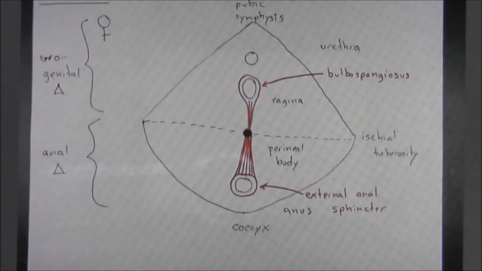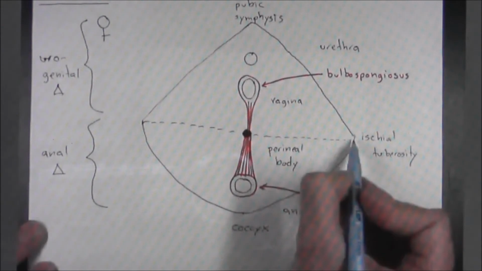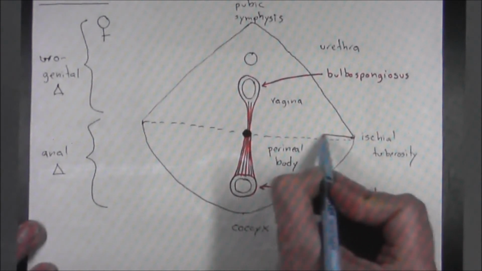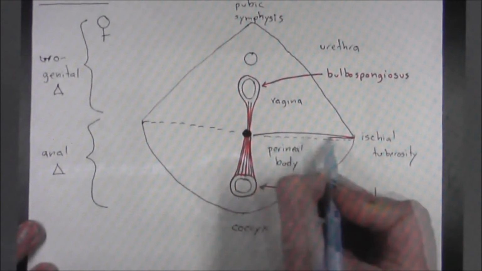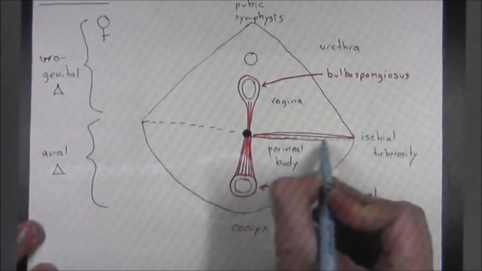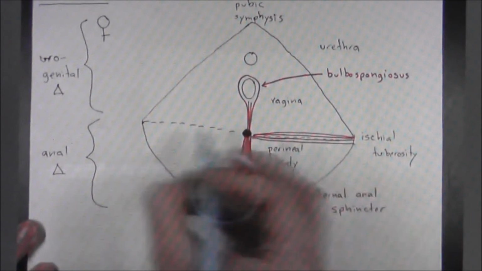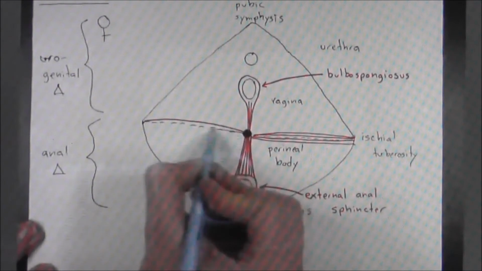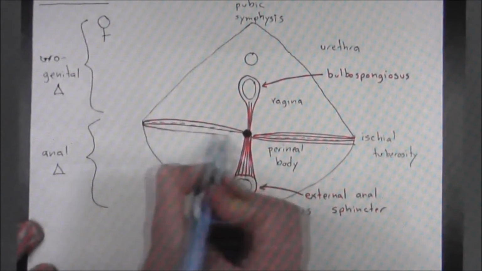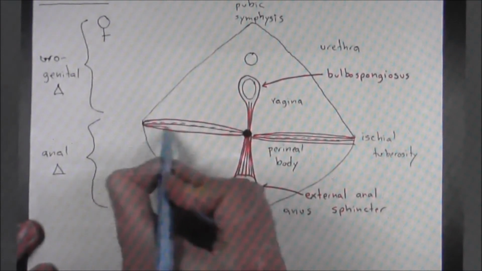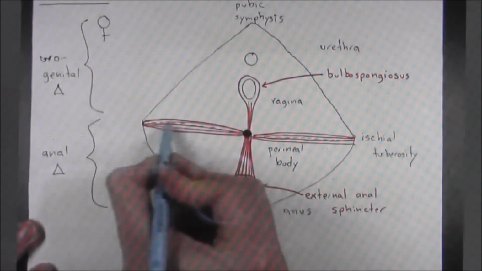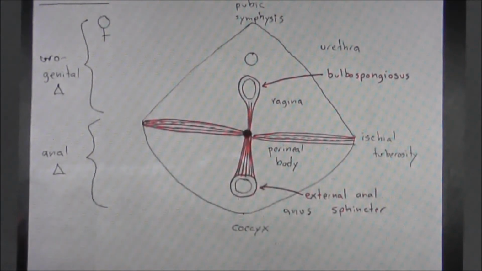Also attaching onto the perineal body from the ischial tuberosities, let's put in some muscle tissue here, like so. This represents two muscles. One is more superficial than the other.